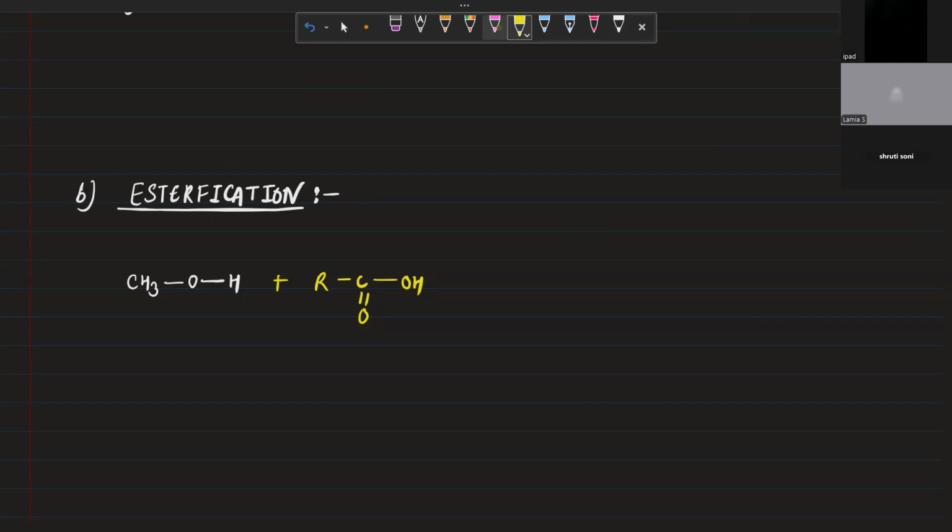So when alcohol and carboxylic acid come together, they will give you ester. So what is ester? Tell me. What is ester?